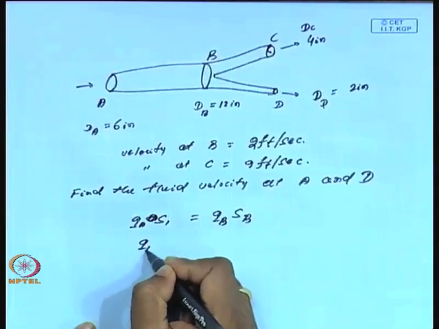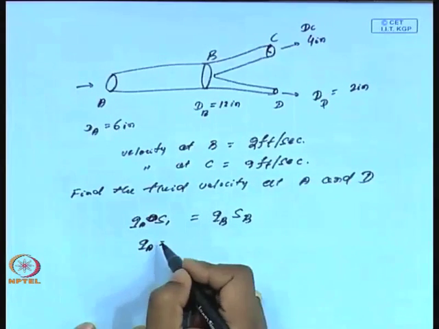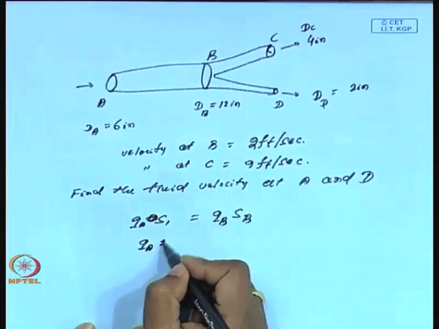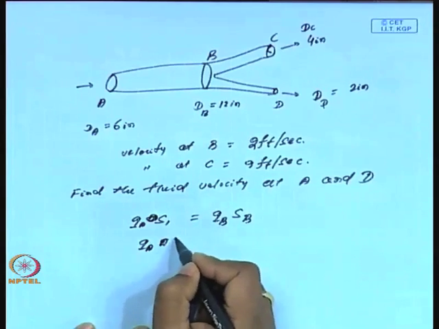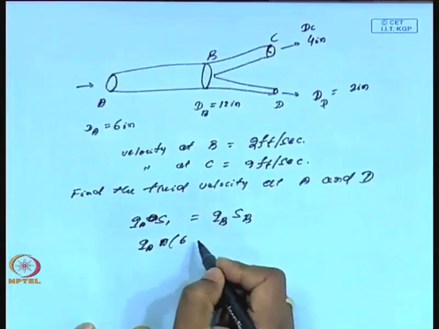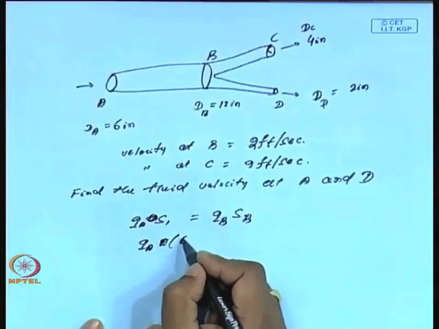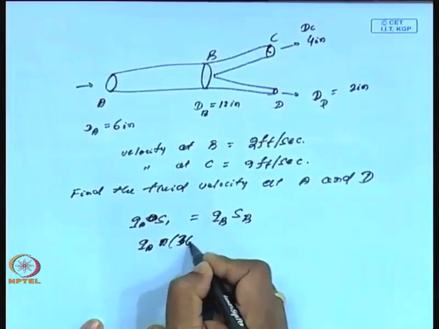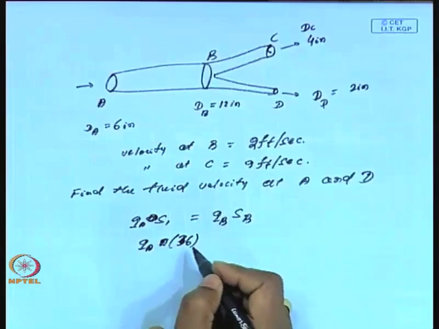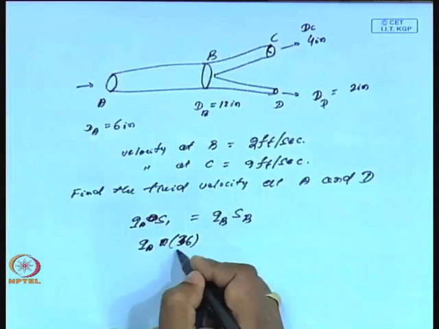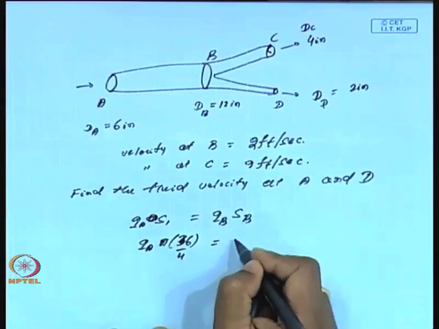So my QA into S1 is pi into d square by 4, 36, this is 36 by 4, and this is QB.